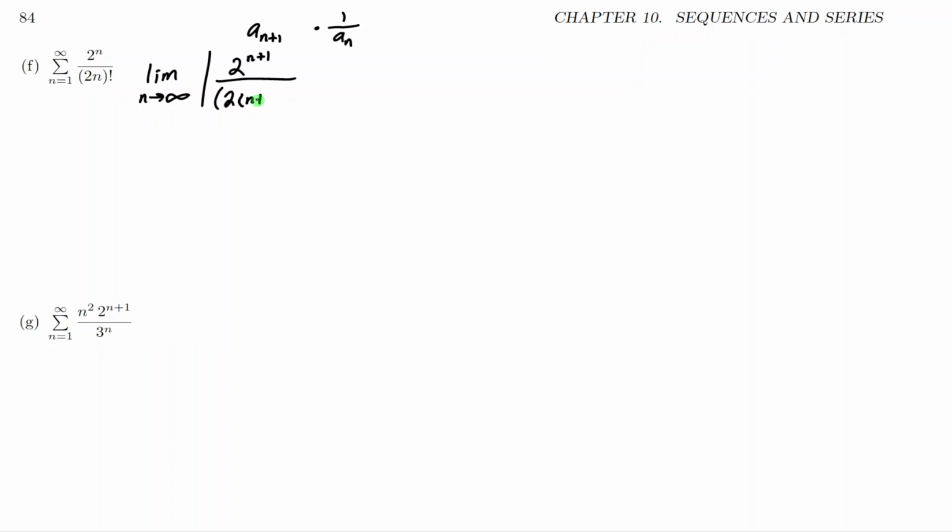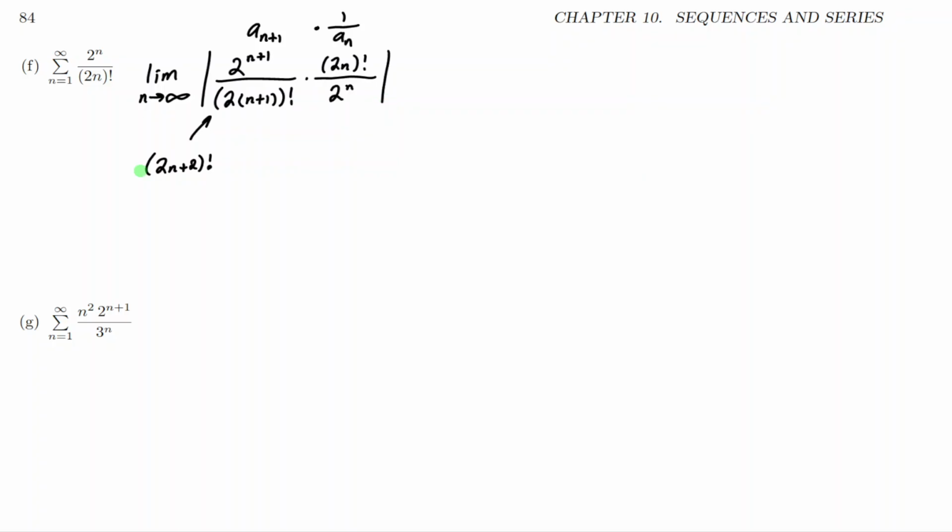In this factorial, we're going to end up with 2 times the quantity n plus 1, and so that's going to look like 2n plus 2 quantity factorial once we distribute that 2 through. And then our reciprocal is just going to be our 2n quantity factorial over 2 to the n.